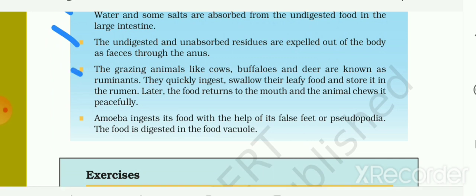Grazing animals like cows, buffaloes and deer are known as ruminants, and they quickly ingest and swallow their leafy food and store it in the rumen. Later the food returns to the mouth and the animal chews it peacefully. A single cell organism like amoeba ingests its food with the help of its false feet, known as pseudopodia. Then the food is digested in the food vacuoles.